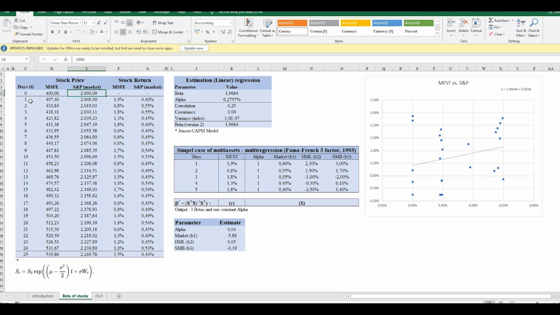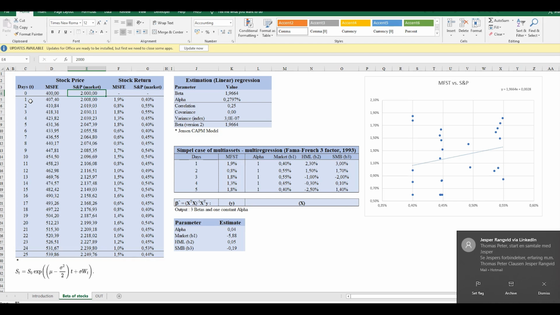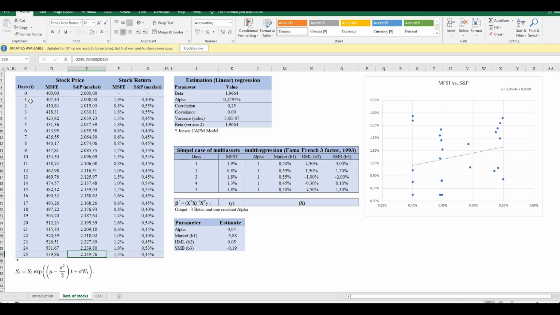Here we have the S&P market starting from 2000 ending in 2250, and here on the right hand side what we need is the stock return, the simple stock return from T versus T minus 1.